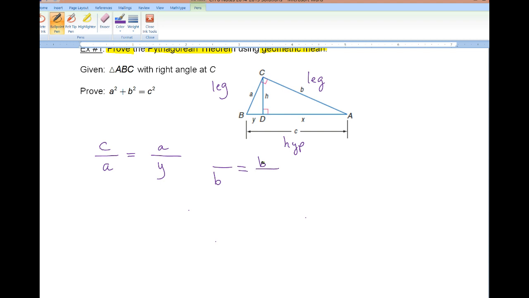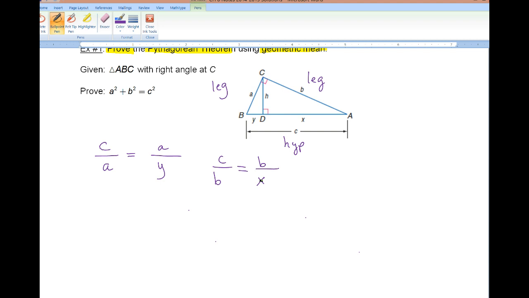So that's going to be C and X. The only thing I've done is basically set up the geometric mean for the two legs.